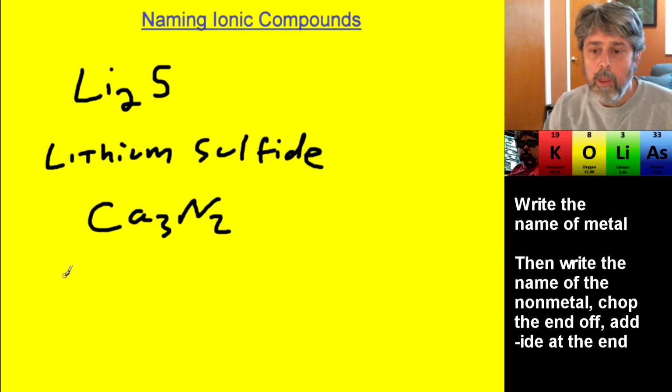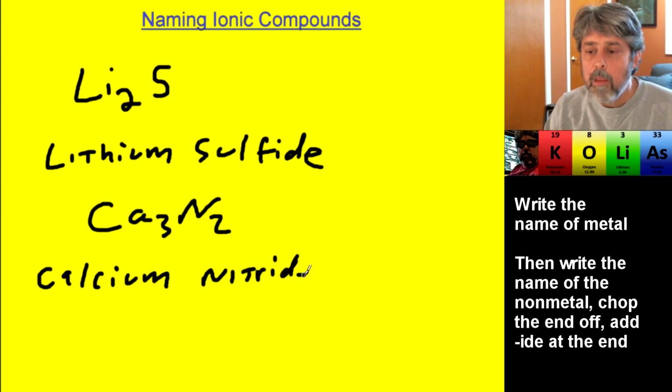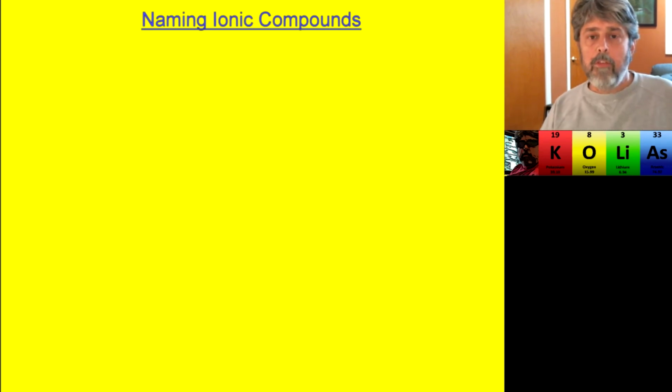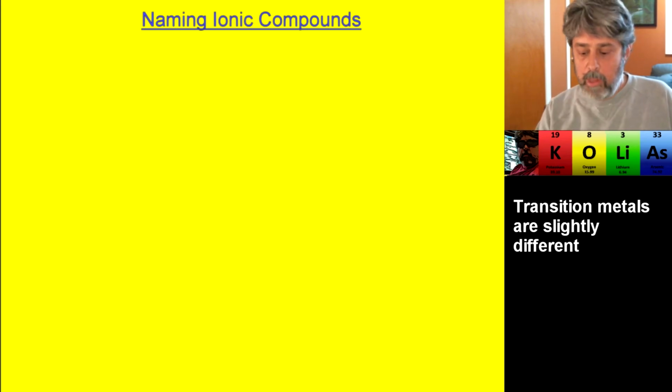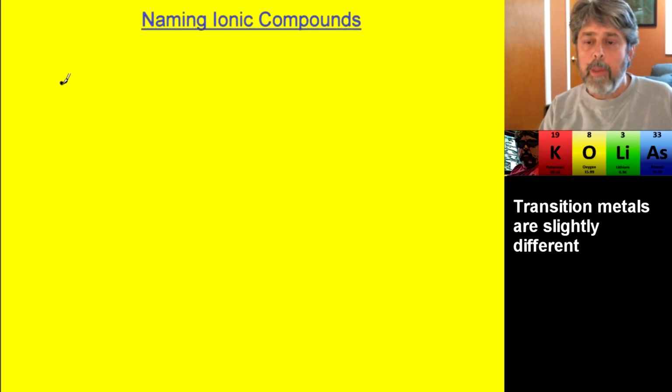This is what they all do. All right, so our metal is the calcium, so we just write calcium, and then nitrogen becomes nitride. IDE. All nonmetals end in IDE. All right, so let's look at transition metals. How about this compound here?